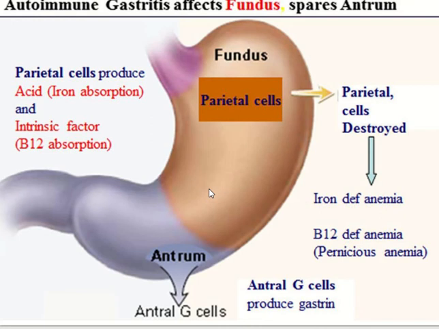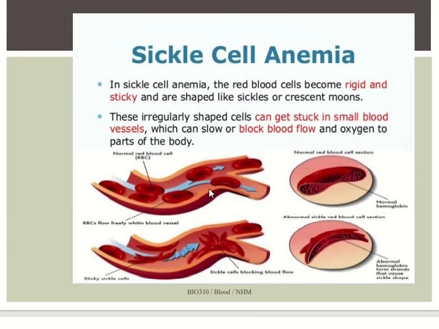by the intestine. And for sickle cell anemia, in a normal person the red blood cell shape is round and flexible, like a crescent moon as you can see here, so it can flow very smoothly in the blood vessels.